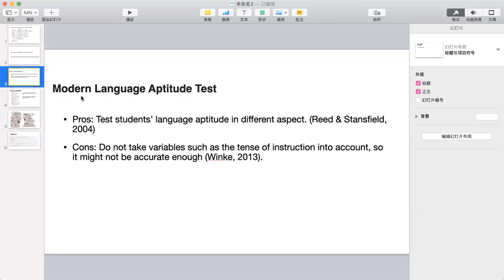Research demonstrated a positive relation between MLAT performance and foreign language learning. Reed's research indicated that MLAT is considered an effective tool since it mainly measures students' different language abilities in aspects of phonetic coding, grammatical sensitivity, rote learning for foreign language materials, and inductive language learning.